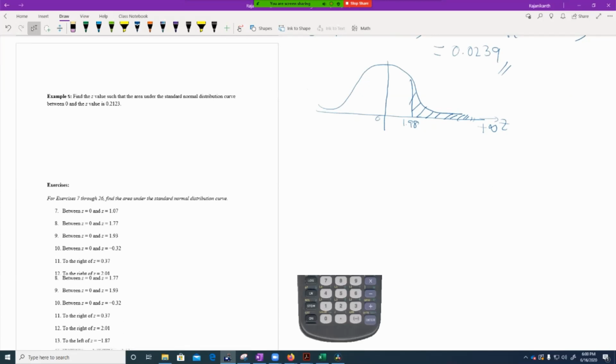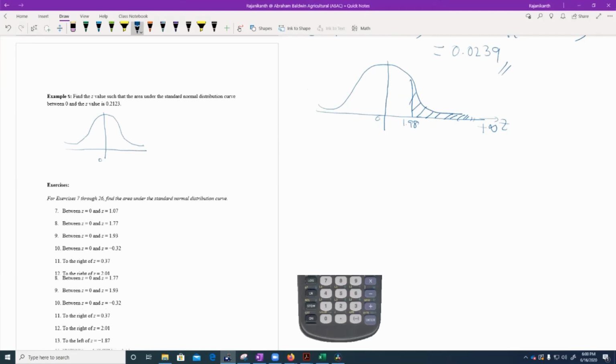Okay, now example 5 is in another way, right? You are given the area, but we don't know the corresponding z value. Find the z value such that the area under the standard normal distribution curve between 0 and the z value. Now we don't know one side's bound. If you look at the picture, 0 is here.